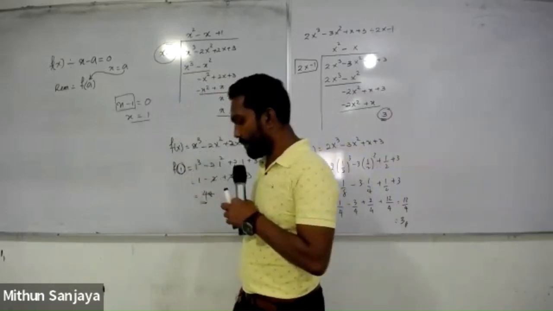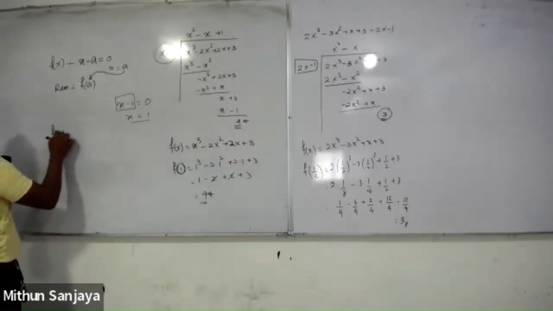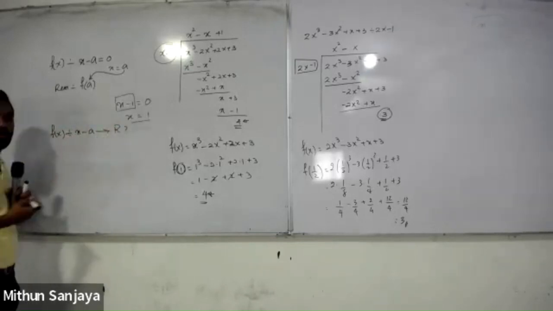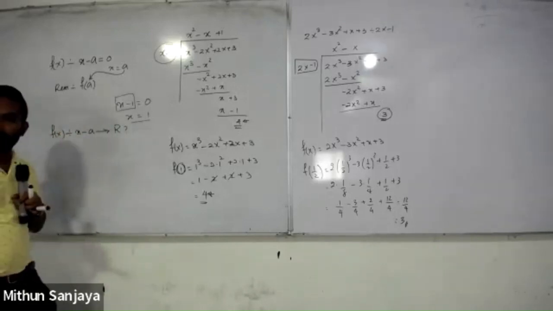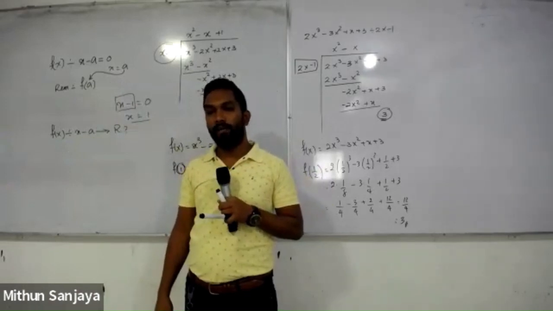Now we come to the proof. What we need to get is f(x) divided by x minus a. We need the remainder. Then how do we write the relation? Starting, we write the relation: dividend equals divisor times quotient plus remainder. The dividend is f(x), the divisor is x minus a.